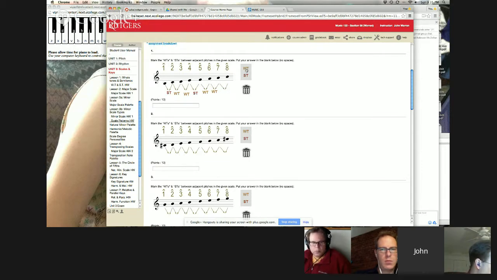G to A is a whole tone. And A to B. I'm skipping over some steps, but you should go through the keyboard for every single one of these. And then once you get this done, you're going to enter this into the space below, no spaces. So ST, WT, WT, ST, WT, WT, WT.